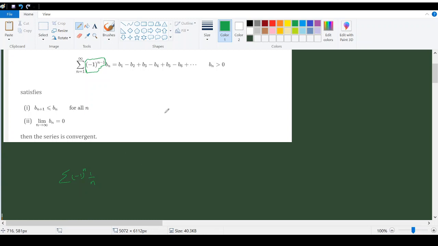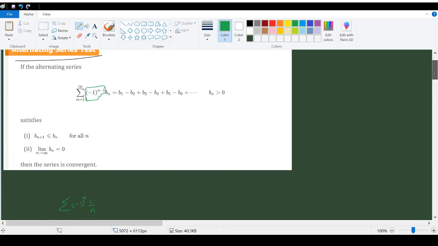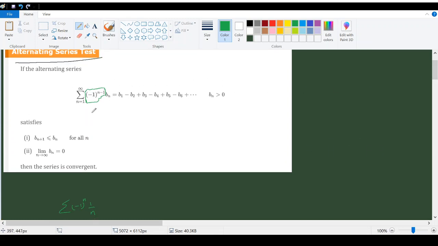That is, one after the other you will get plus and minus signs, and for the alternating series test to work, it really doesn't matter whether they have mentioned this as -1 to the power n minus 1, or even if it is to the power n, the same result will hold true.